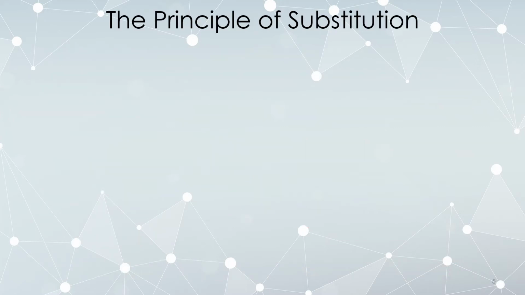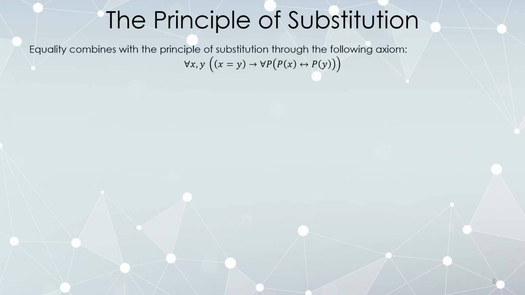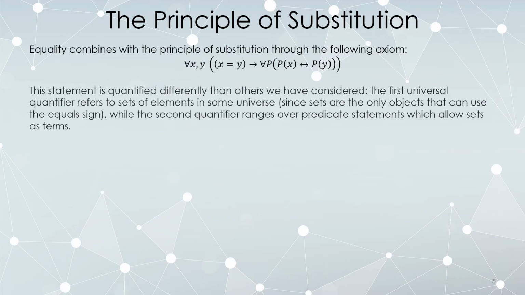Now we're going to talk about the principle of substitution. This is something that we did back when we were working in logic about replacing variables with other variables, right? So the equality sign combines with the principle of substitution through the following axiom. Okay, we got to take a pretty close look at this statement though. So this statement is quantified very differently than other ones we've looked at.